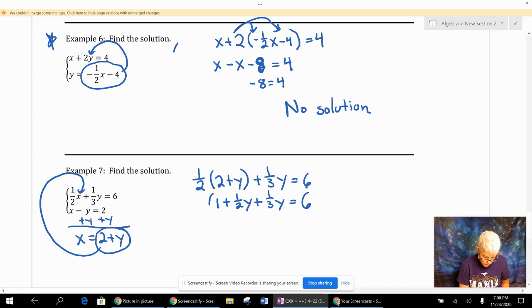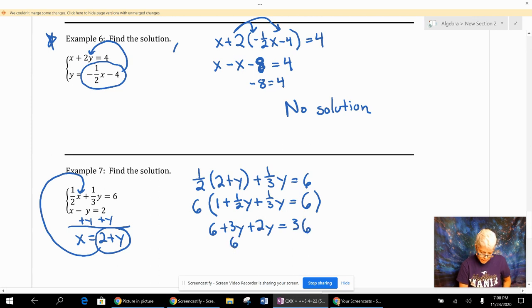So watch what I'm going to do here. I'm going to multiply everything by 6. So this becomes 6. This becomes 3y. This becomes a 2y. Look how nice. I almost forgot, I have to multiply everything.